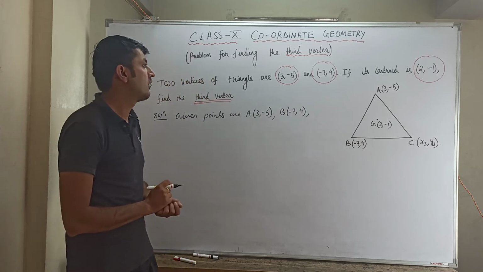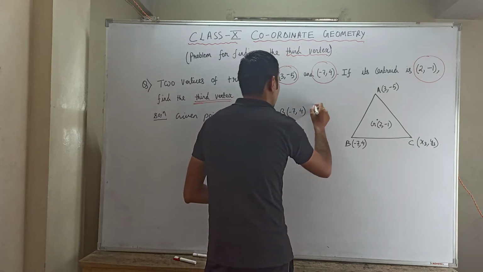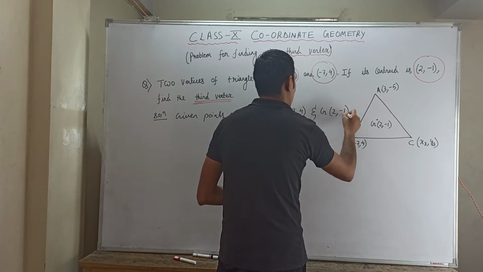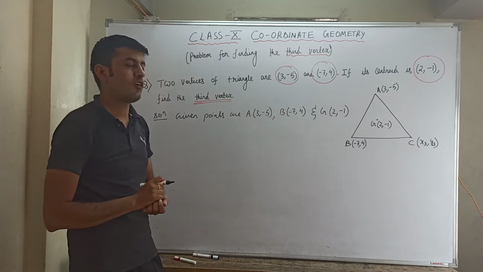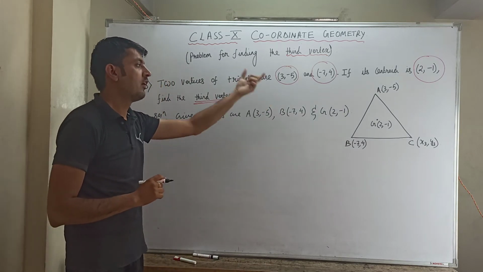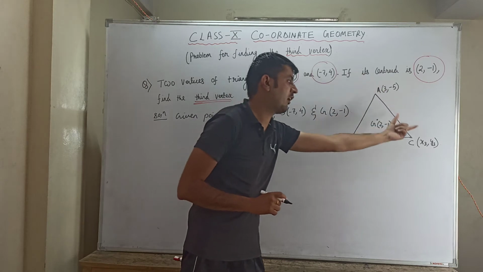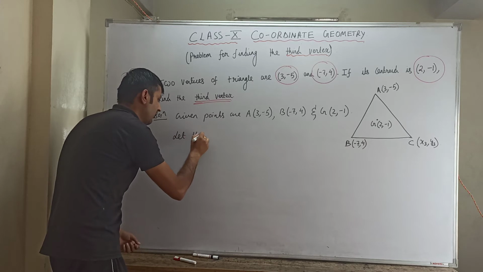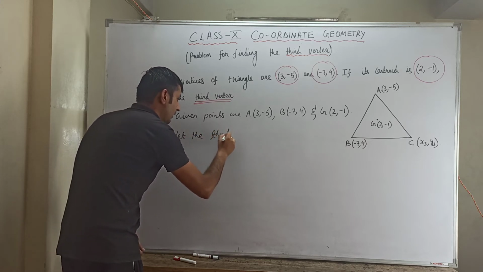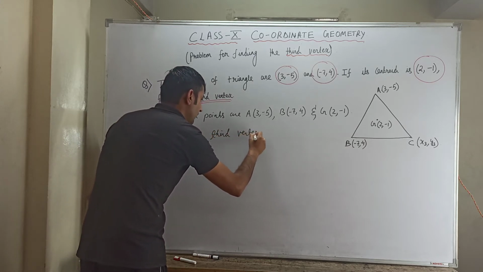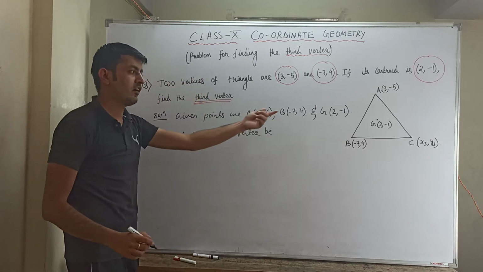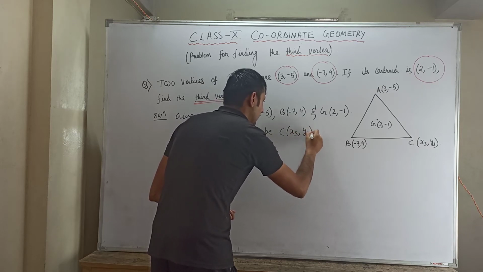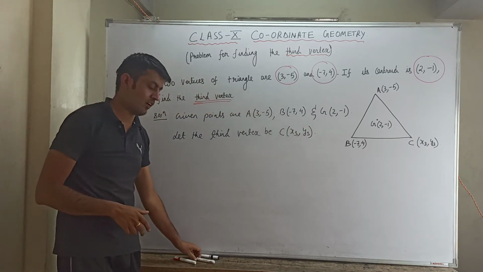Then G is given, the coordinate of the centroid, as (2, -1). Now you have to find the third vertex. Let the third vertex be C (x3, y3).